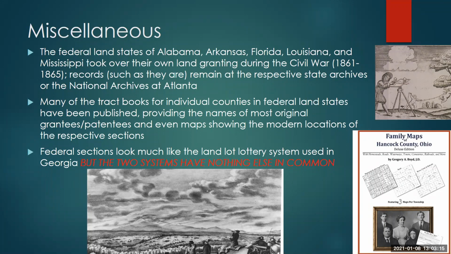Now, if you're talking about one of the states that was not a federal land state, each state's record history is different. Records were destroyed, records were stolen, records were lost by whatever means. Sometimes the records weren't kept. But that's an important thing to understand whatever you're researching in old records. Always keep in mind where the record was kept. For example, birth and death certificates. You say, well, the courthouse burned down in 1948, taking them all with it.